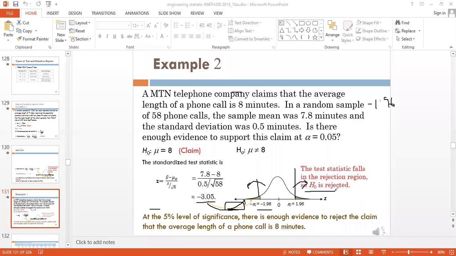Once you've identified that, you have to conclude that at a 5% level of significance, there is enough evidence to reject the null claim, which this time is also the claim, that the average length of phone calls is 8 minutes.